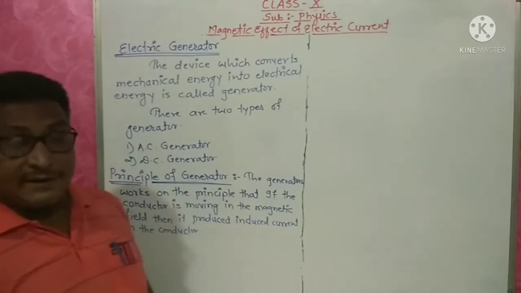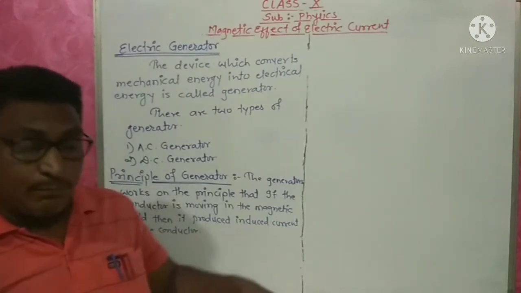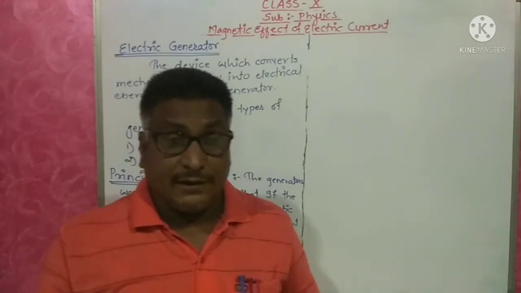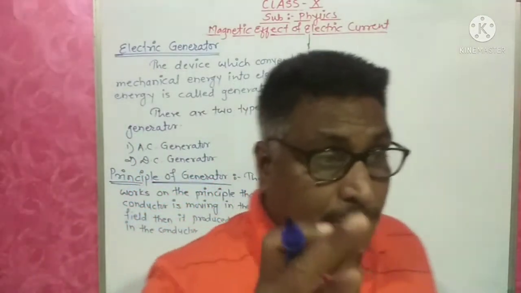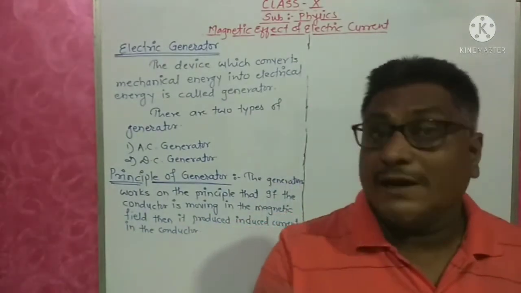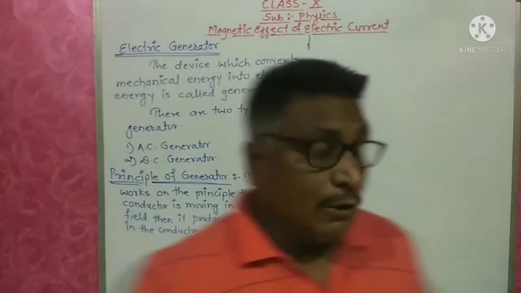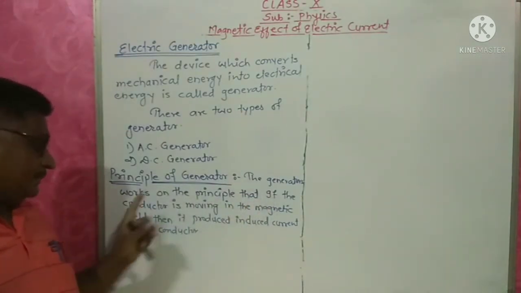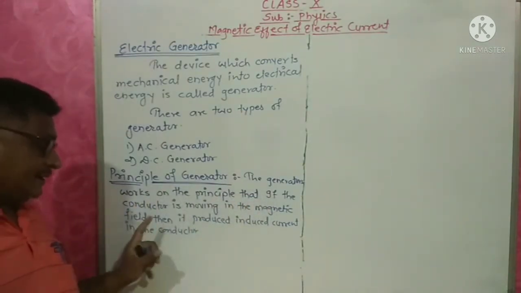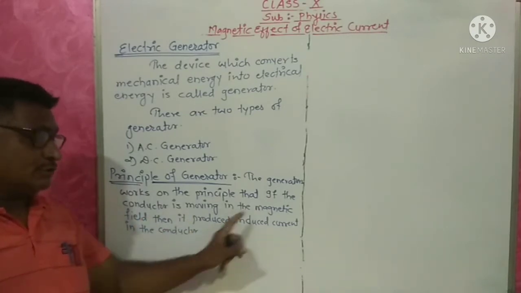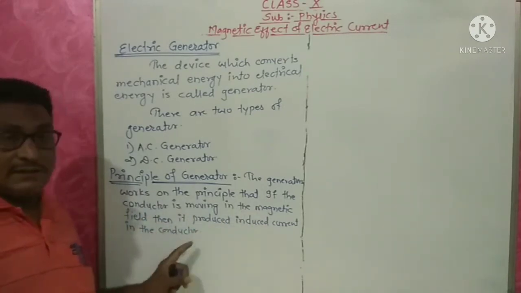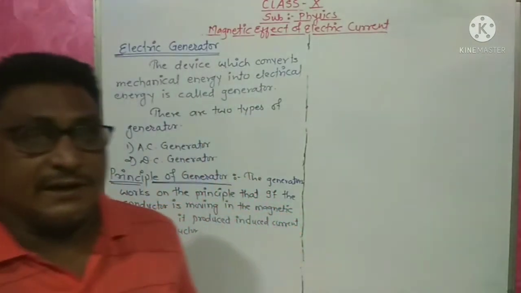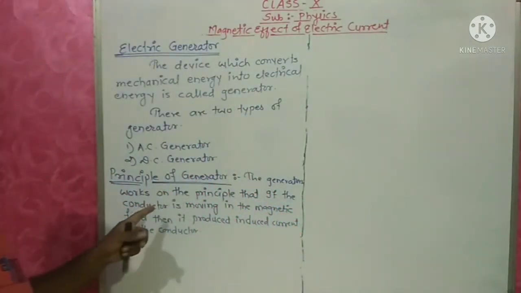In electromagnetic induction we studied, if we move the coil or straight conductor in the magnetic field, then the galvanometer will show deflection. So means current is generated. So if the conductor is moving in the magnetic field, then it produces induced current in the conductor. On this principle, the generator works.